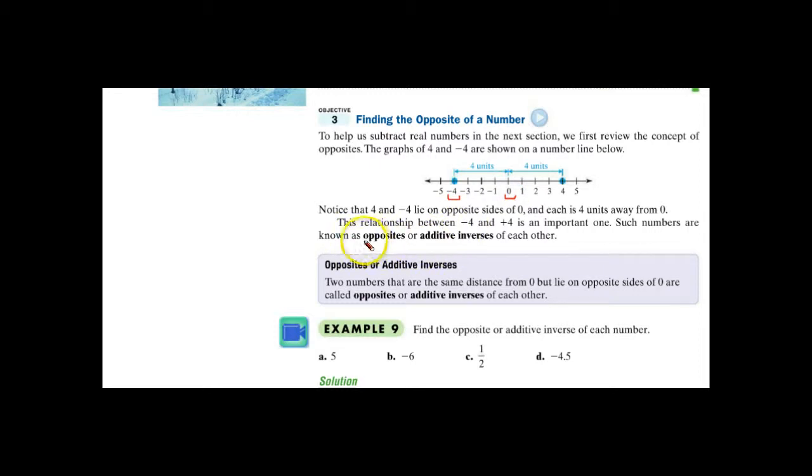Now, a synonym for opposites is the additive inverse. It's what we add to a number to make it 0. We're going to use this when we solve equations in chapter 2. So find the opposites of these.